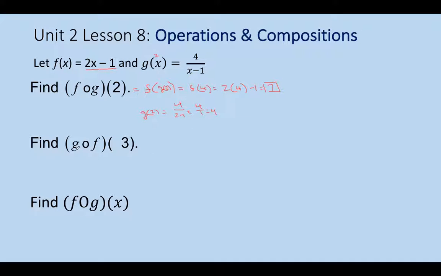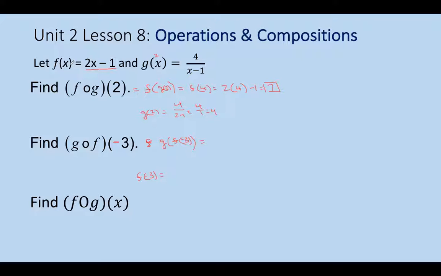Over here, just switching it up, g of f of, I believe this is supposed to be a negative 3. This is the same thing as saying g of f of negative 3. So I'm going to figure out what f of negative 3 actually is.